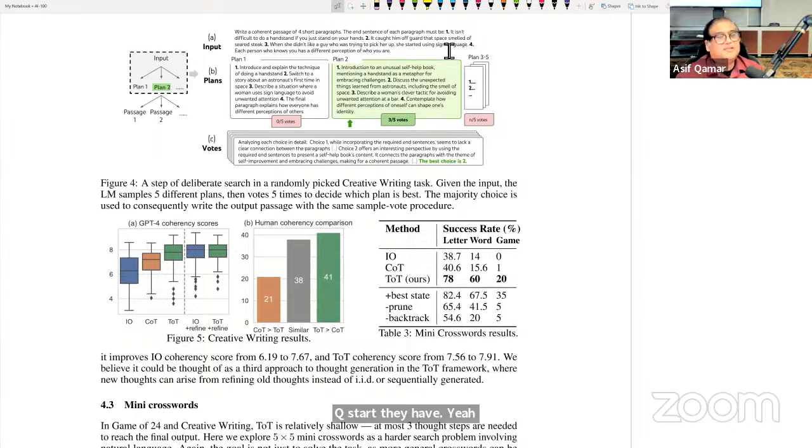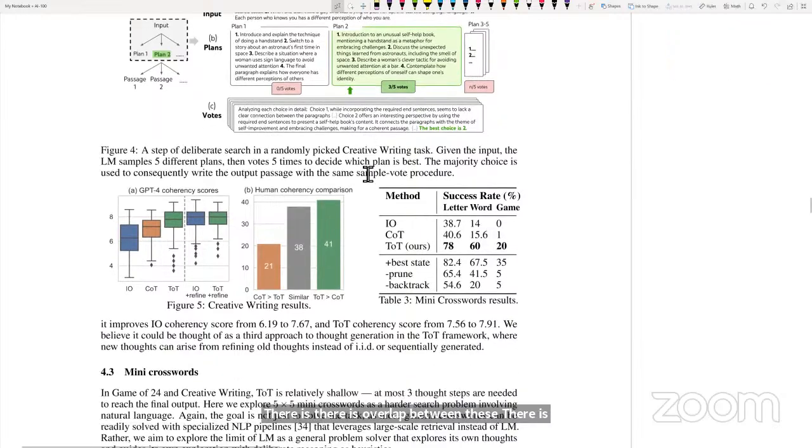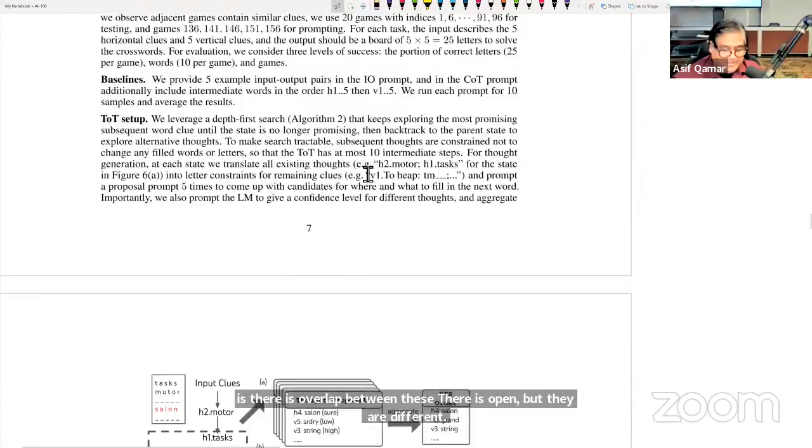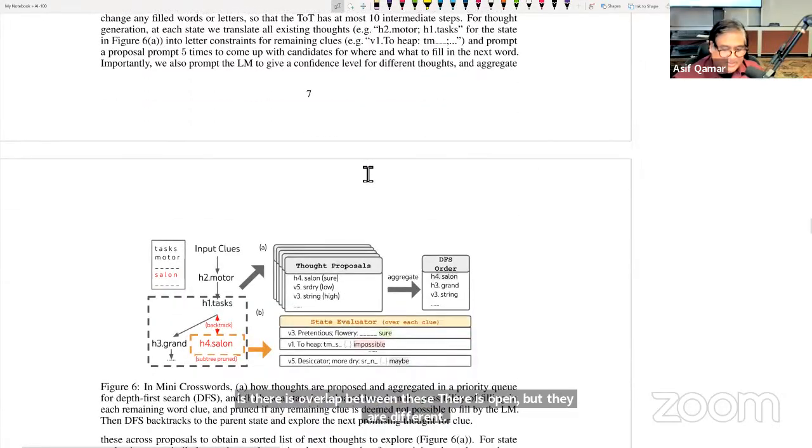There is a little vague similarity, but this is a very specific thing. Whether you look at Q learning, A star, or all of these, there is overlap between these ideas, but they are different ideas. But that's a good observation, though. All right, guys.